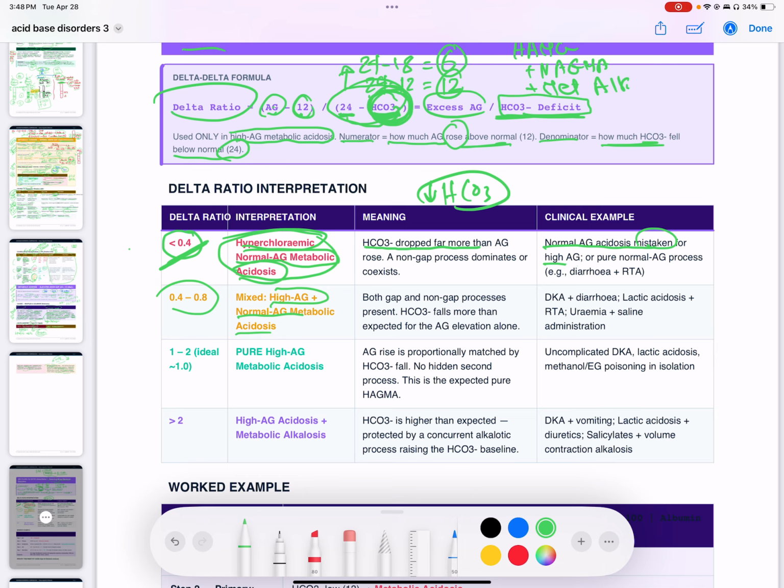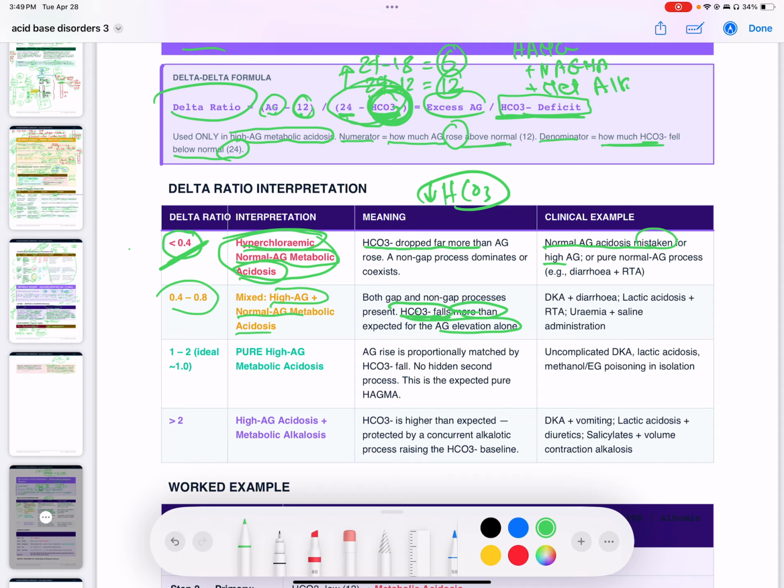So again, the bicarb fell more than the expected elevation in the anion gap. So you probably have two metabolic acidoses here: a high anion gap metabolic acidosis causing the high anion gap, and also bicarb loss that's causing the normal anion gap. I hope this makes sense.